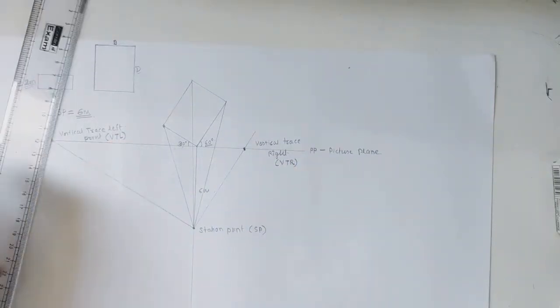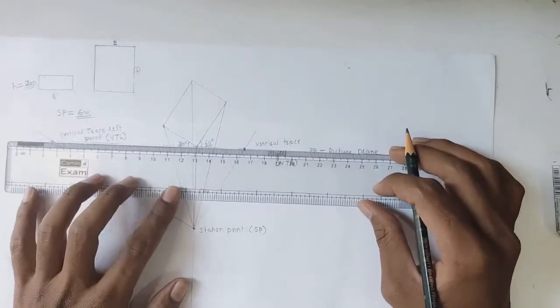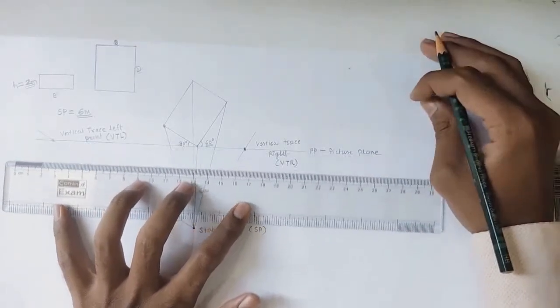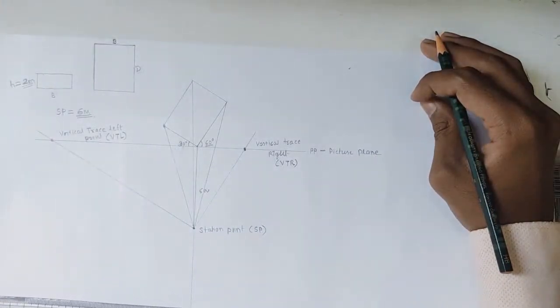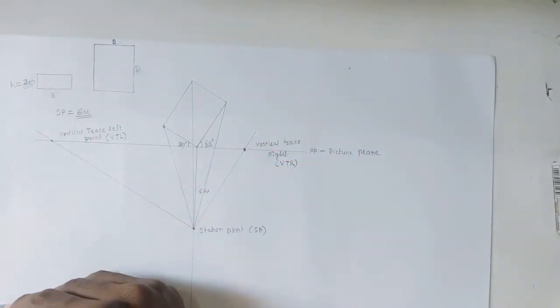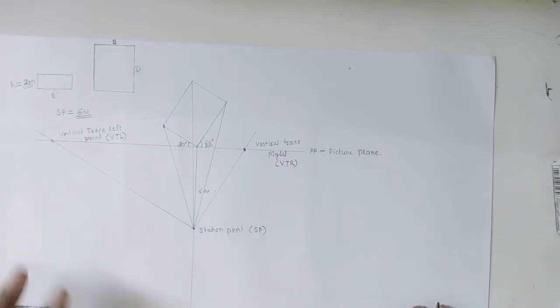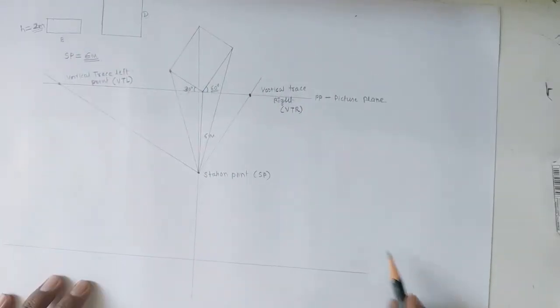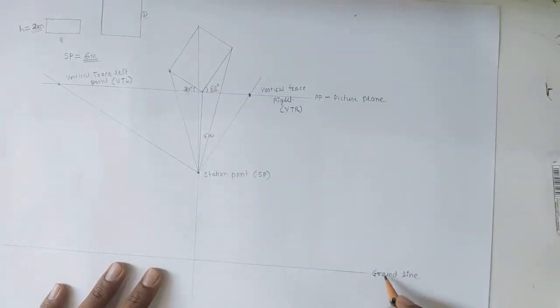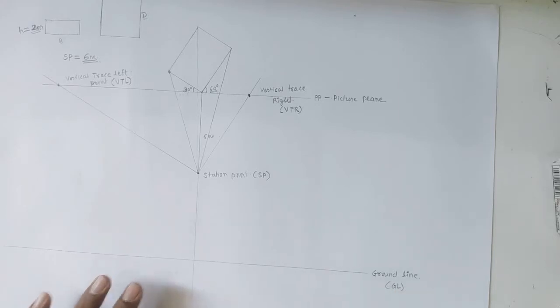Clear? Now you have to draw a line parallel to this picture plane at some specific distance. This line is called the ground line, where our object will be created.